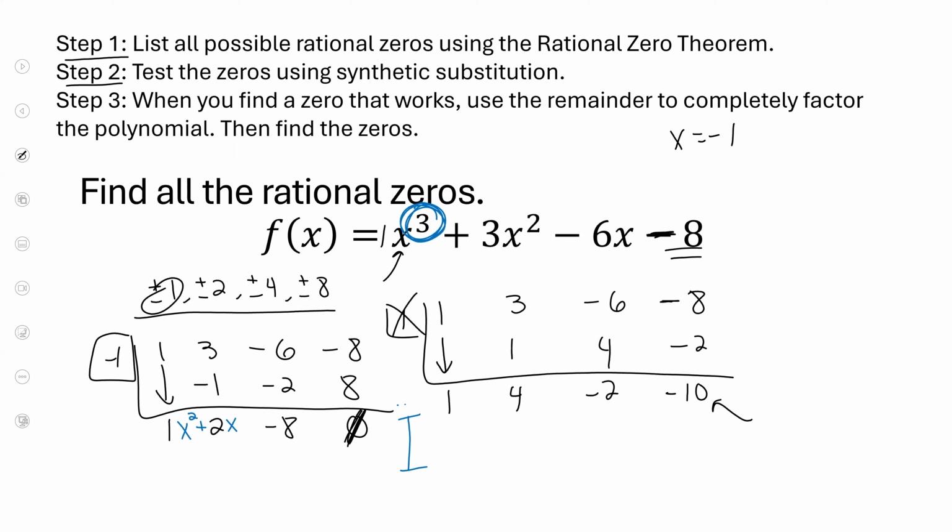So I'm just going to go ahead and factor. 2 numbers that multiply to -8 and add to 2 are 4 and -2. So my factors are x plus 4 and x minus 2. So the answer will be -4 and +2. So these are my 3 answers.